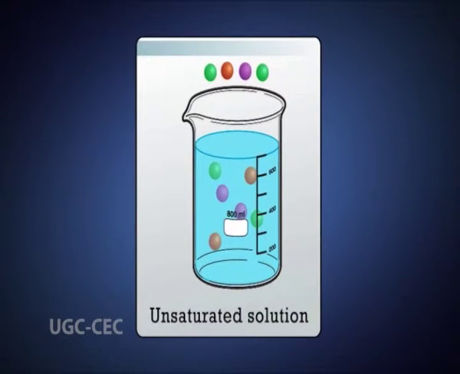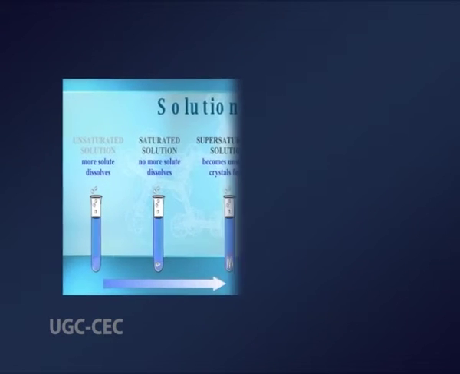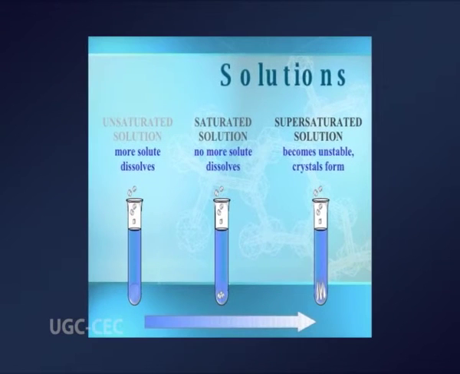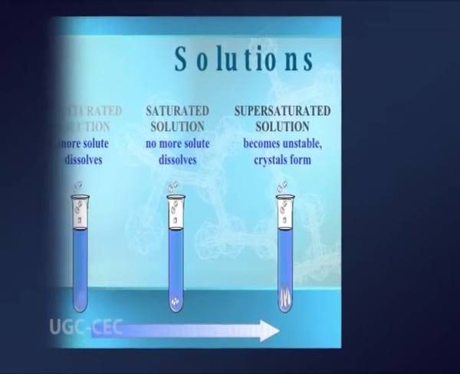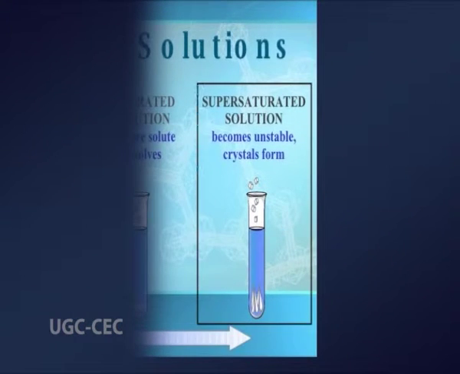The extent to which a solute dissolves in a solvent to form a saturated solution is a measure of solubility. Solution containing less amount of solute than the saturated solution at a given temperature is called unsaturated solution. And a solution containing excess amount of solute than the saturated solution at a given temperature is called supersaturated solution.